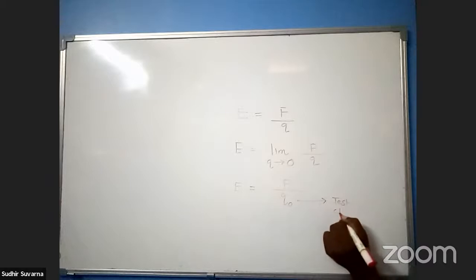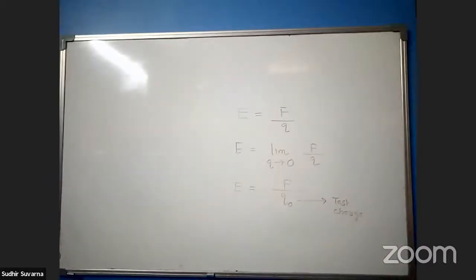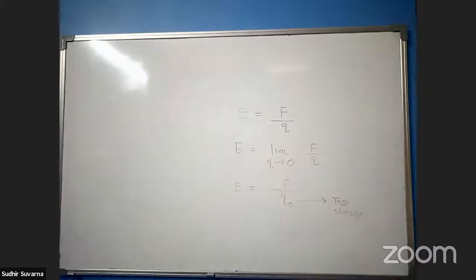Is it okay? Clear up to this much, everybody? You can write it down. In the exam, you will not write this definition. This is only for understanding. You are supposed to keep a very, very small charge so that when you place it, it should not affect the electric field produced by the given charge.